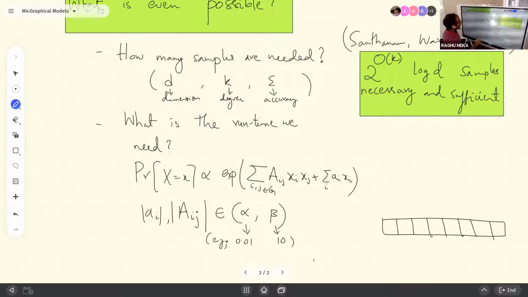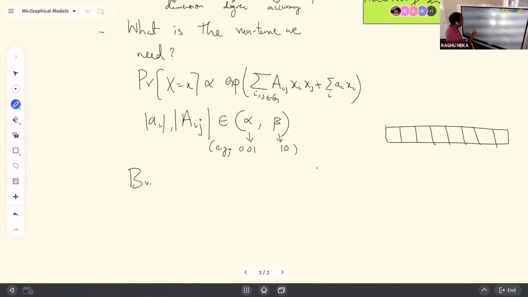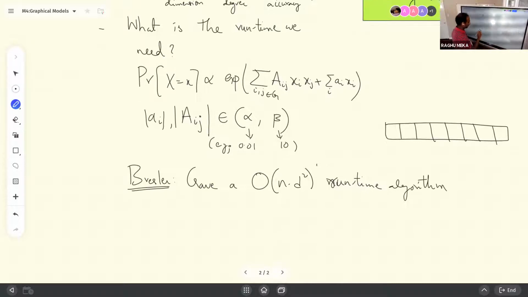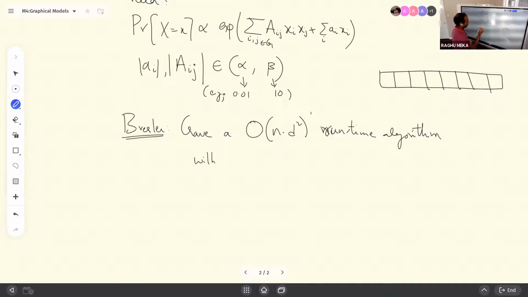Okay. So that's how things were, and in 2014 or 2015, Guy Bresler gave an O of n times d squared runtime algorithm, with n being 2 to the 2 to the O of d over epsilon. Oh, sorry.